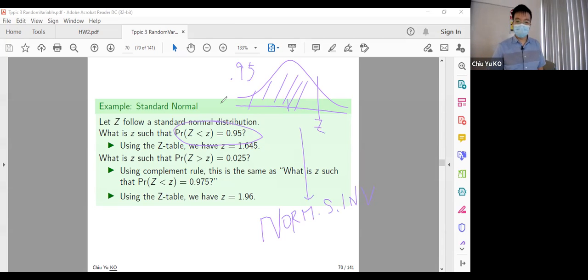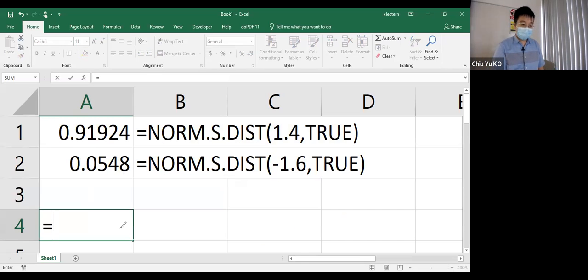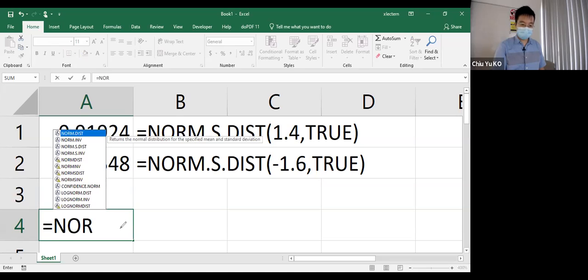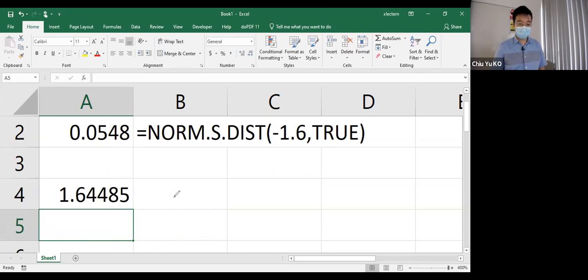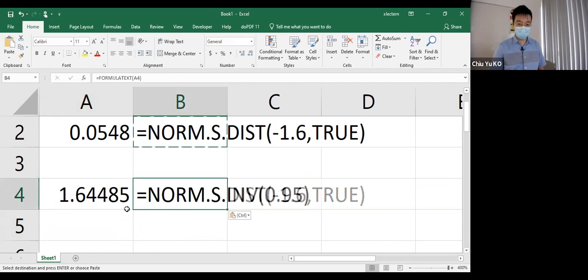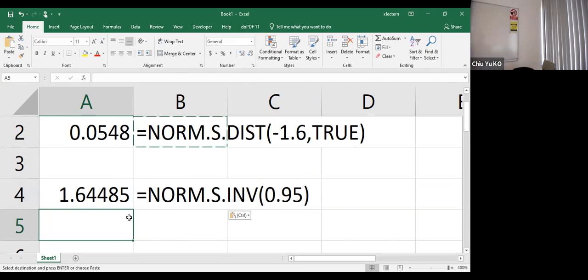So let's do it. We'll be doing here norm dot S dot inverse 0.95. Let me copy this again. So this is 1.64485. This magic number you will remember, because you will be doing this a lot.